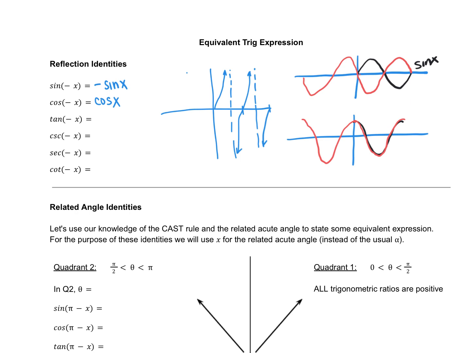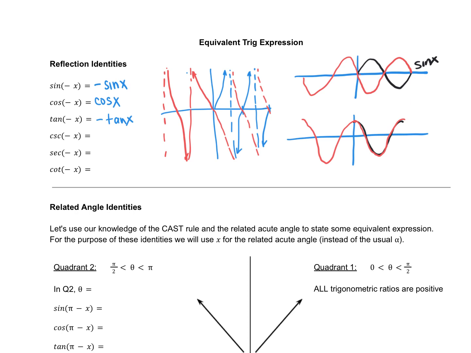And if I were to reflect that over the y-axis, this would now go here. Our asymptotes will still be the same. And now I'll have something like this. And if I were to just continue that, you'll notice that if I reflect over the y-axis, it's the same thing as reflecting over the x-axis, just like what we saw with sine. So tan of negative x is equivalent to negative tan x.